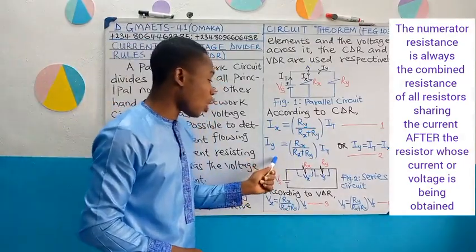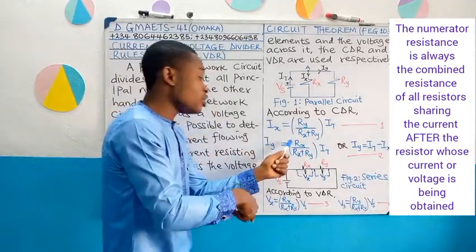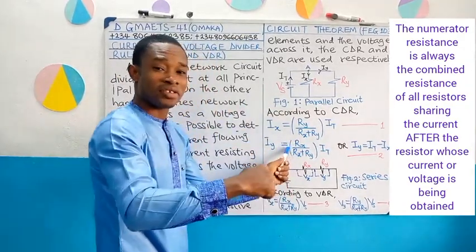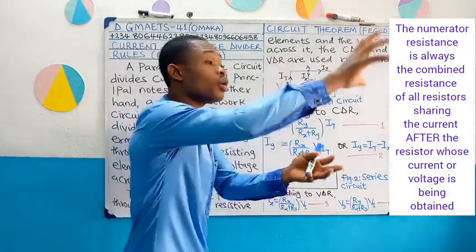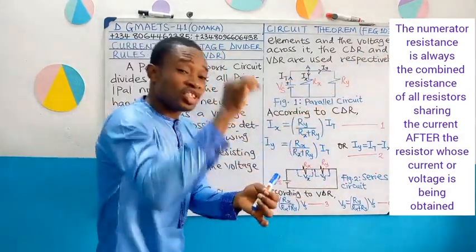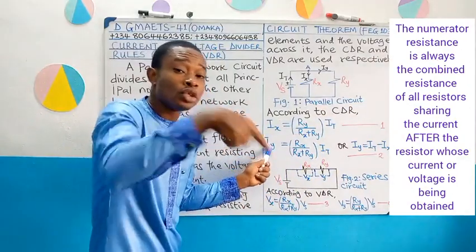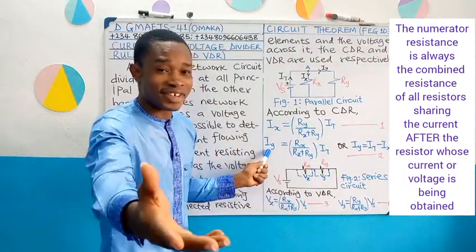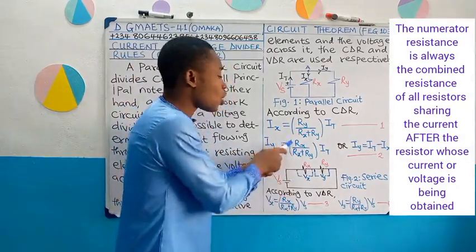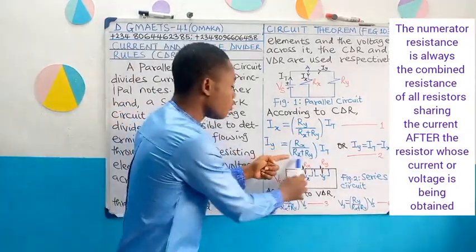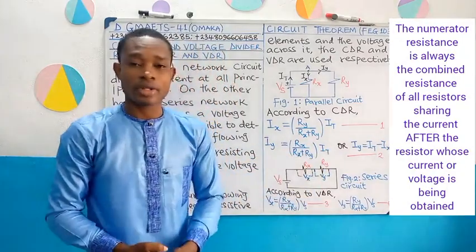Then to get I sub y, take note I'm calculating I sub y now, so the numerator will be R sub x. That's either one resistor or all other resistors that share the current with the resistor whose current you want to determine. Like I stated, I'm going to explain that clearly when we solve problems. So I sub y is equal to R sub x all over R sub x plus R sub y multiplied by total current.